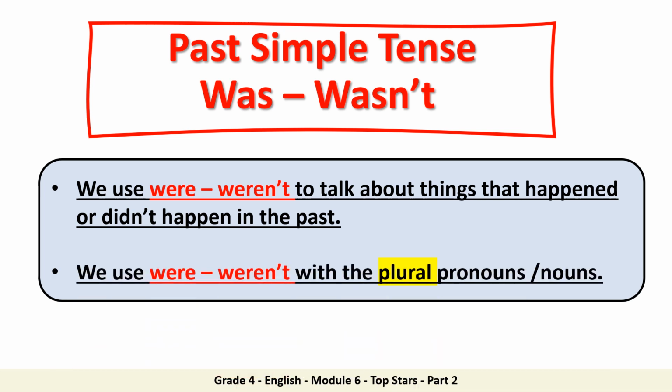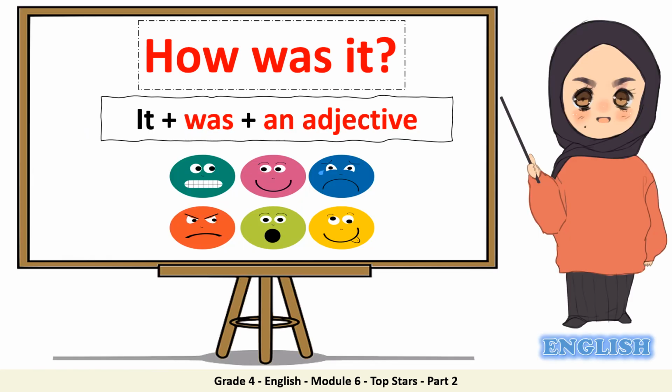We use were and weren't with the plural pronouns or nouns. How was it? We use this question to describe our feeling. And to answer this question, we should use it plus was plus an adjective.